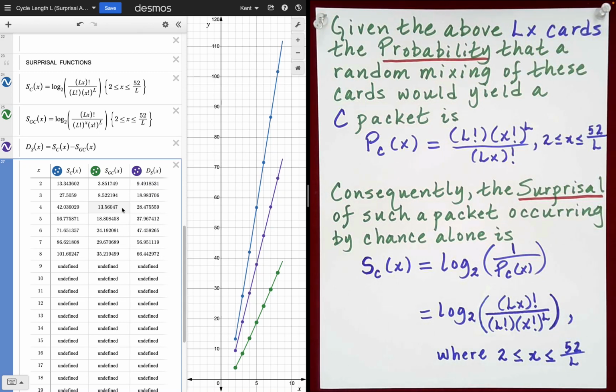So 13 bits of Surprisal is measuring the degree of surprise one would experience watching 13 fair coins tossed into the air with somebody predicting before the coins hit the table that all 13 coins will land heads up.